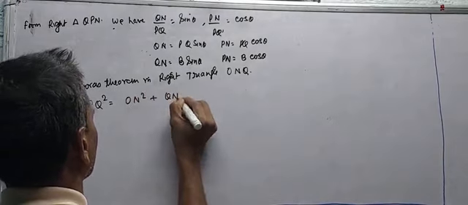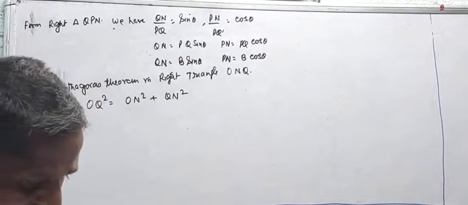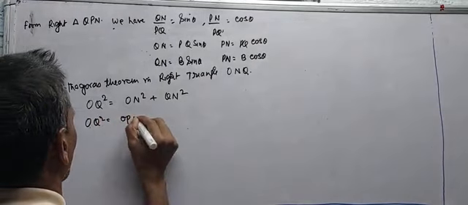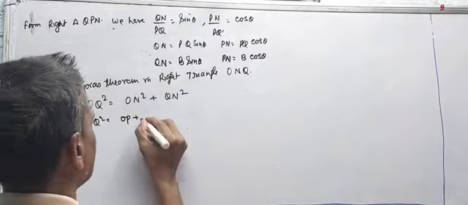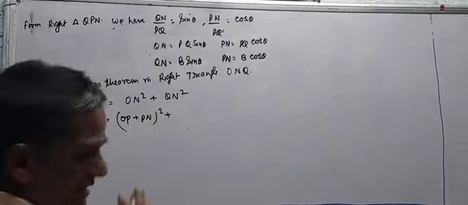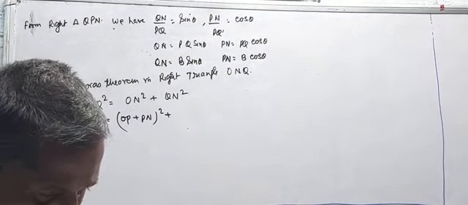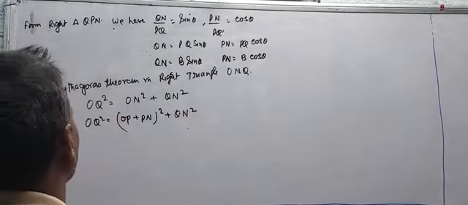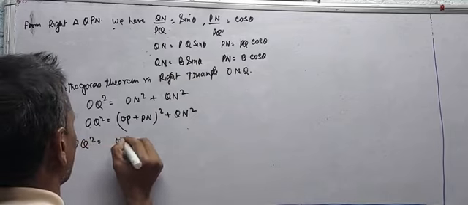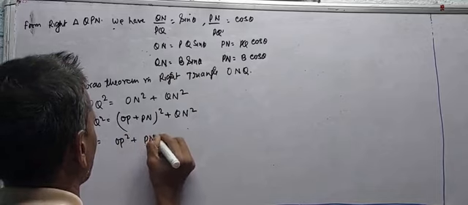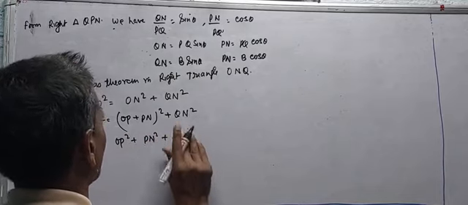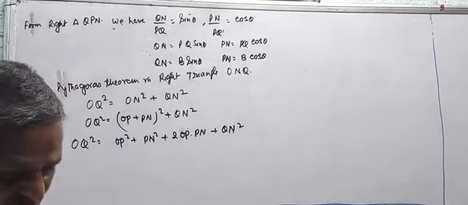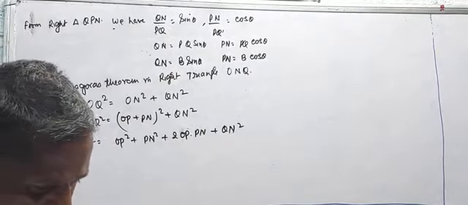OQ square equal to (OP plus PN) whole square plus QN square. It means OQ square equals OP square plus PN square plus 2 OP into PN plus QN whole square.